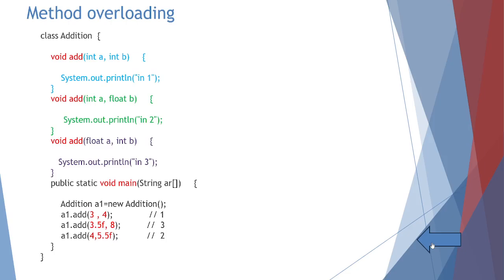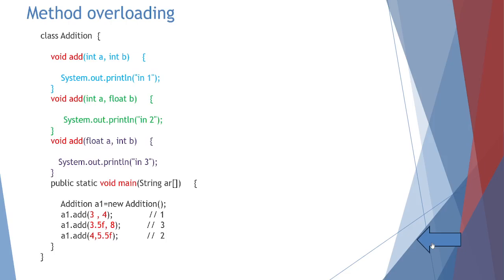So, although the number of parameters is the same, data types are different. In the third one, data types are similar to the second one, but order has been changed. In the second one, int a, float b, whereas in the third one, float a, int b. So this is okay with the Java compiler because signature change is there.